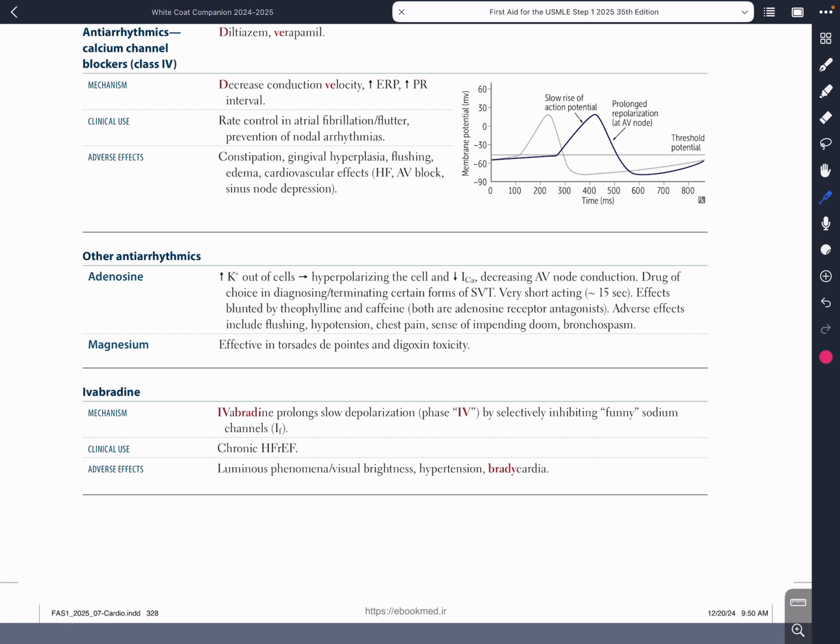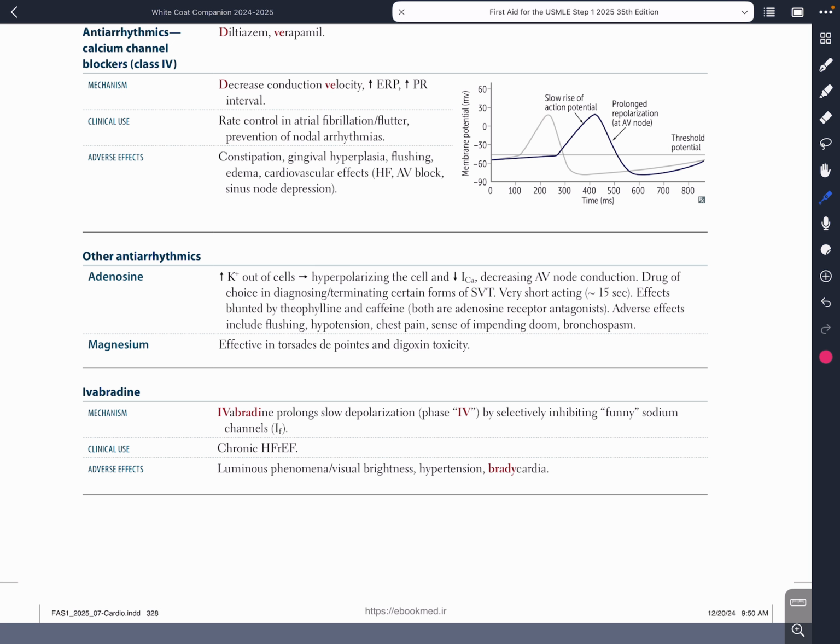Ivabradine is a relatively newer drug. Its mechanism of action is that it prolongs slow depolarization of phase 4 by selectively inhibiting sodium channels. These are channels that are not classified as intracellular or extracellular.